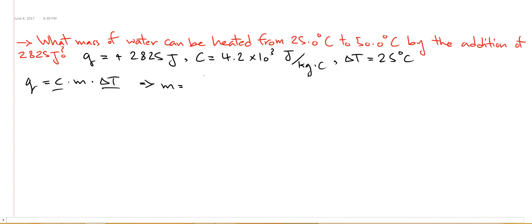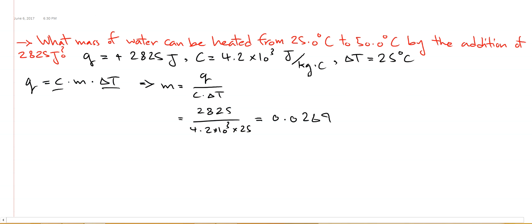Therefore M equals Q over C times delta T. Therefore my mass equals 2825 over 4.2 times 10 to the power of 3 times 25, which is going to equal 0.0269, and it is going to be in kilograms since my specific heat capacity is in joules per kilogram.